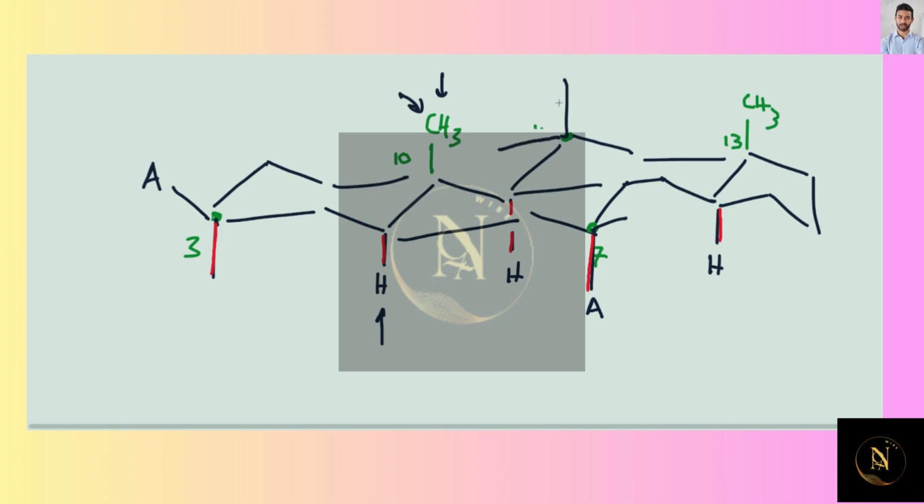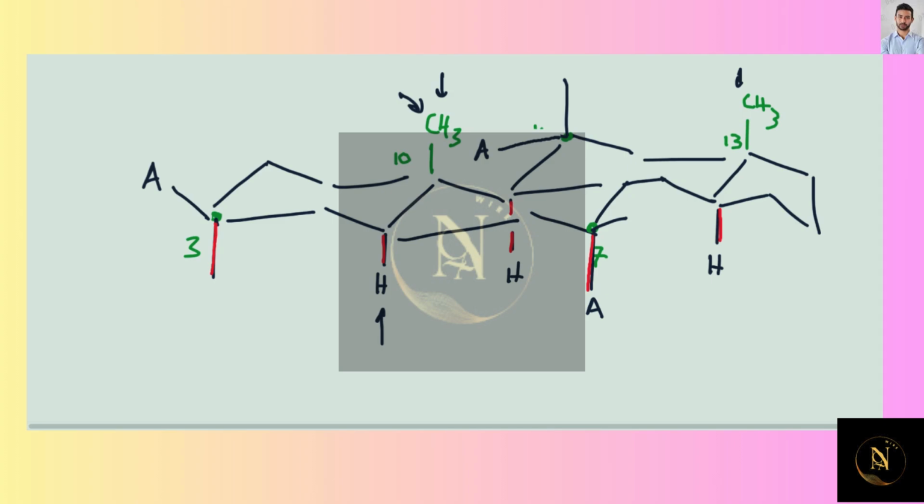There we go. Right. So if it's trans to this methyl group, it would have to be the lower of the two, which in this case would be equatorial. Right. So it looks like we're equatorial, axial, and then equatorial.